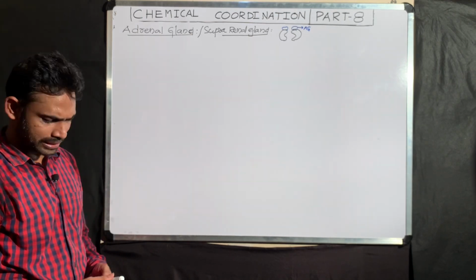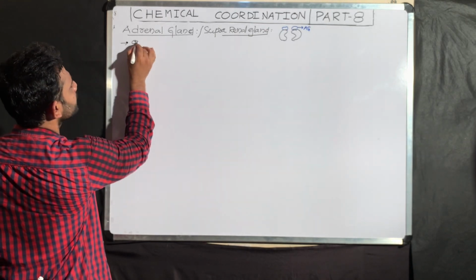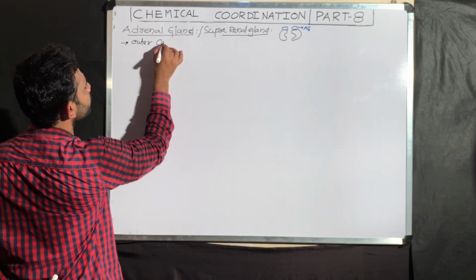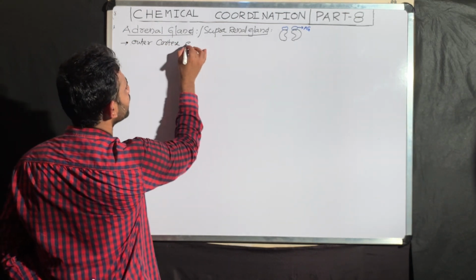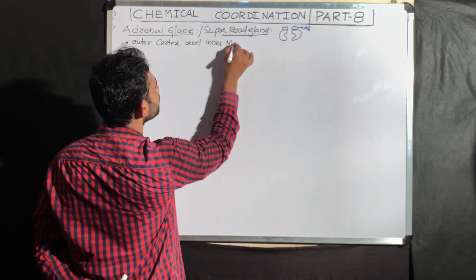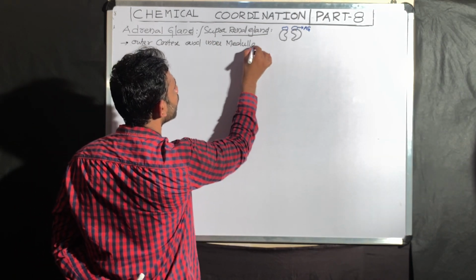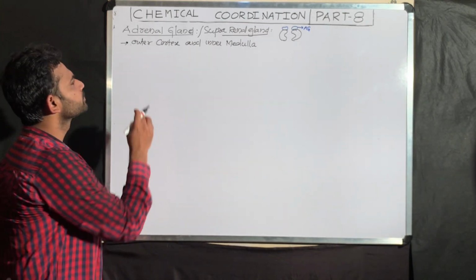This adrenal gland consists of two parts. One is the outer adrenal cortex, and the other is the inner adrenal medulla. In this part, mostly I will speak about the cortex.